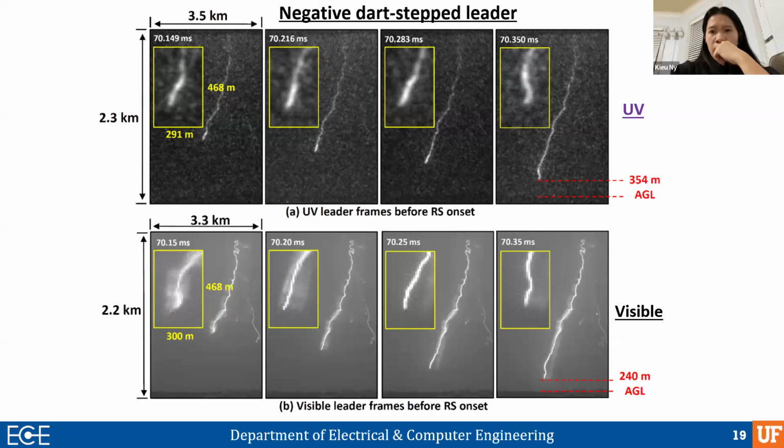Compared to negative step leader or dot step leader, you have a smaller streamer production rate, because it requires a higher electric field to produce streamers. So within a similar period of camera exposure and at a similar distance, you will have fewer streamers to see.